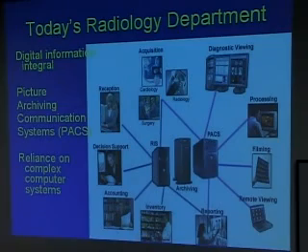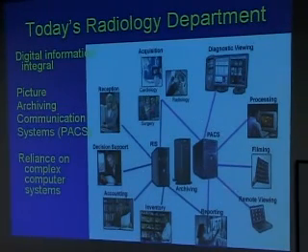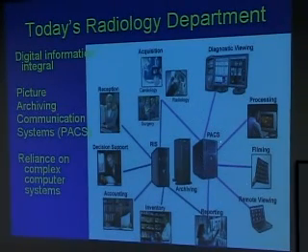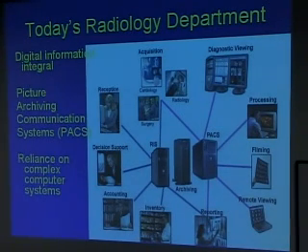We have two main aspects: the picture archiving and communication system, which deals with the image acquisition through image display and analysis, as well as an accessory radiology information system, which predominantly deals with the textual information aspect of the department, through the reports and accounting, etc. All of these, of course, are connected together for image display workstations.